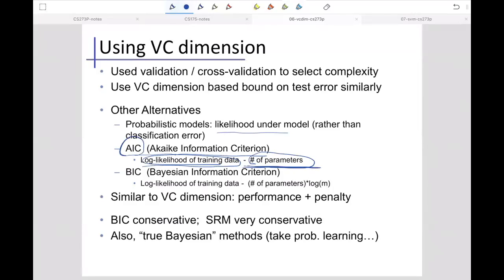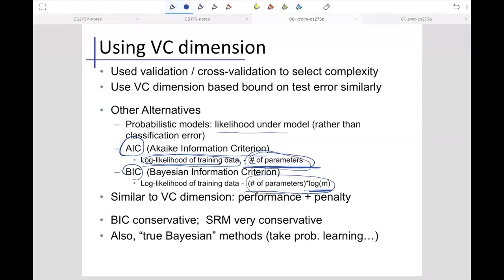And there's another extension of that called BIC, the Bayesian information criterion. In that case, you penalize not the total number of parameters, but instead the number of parameters times log of M, where M is the number of samples. So essentially it's saying, take the number of training samples into account.